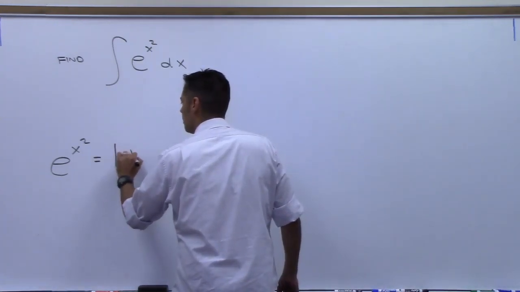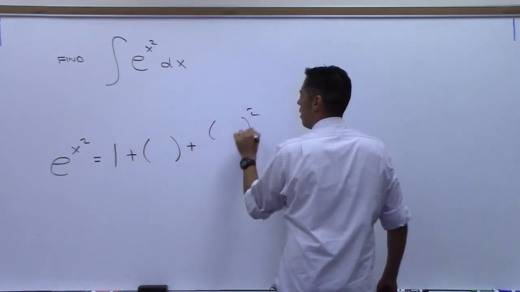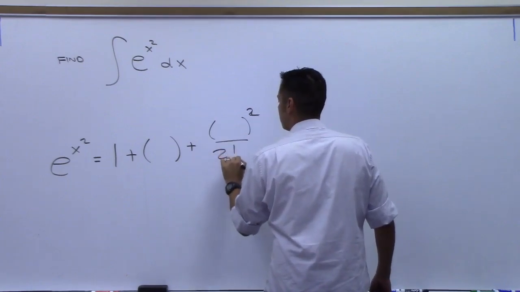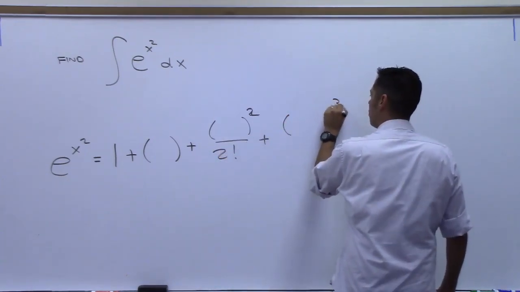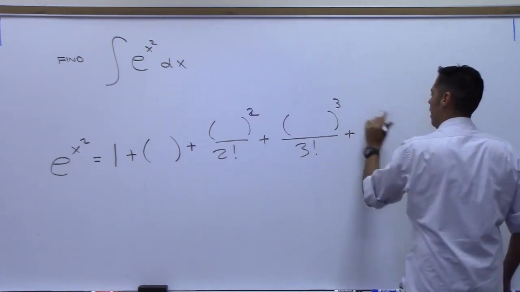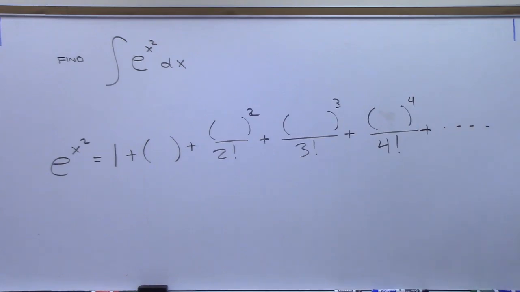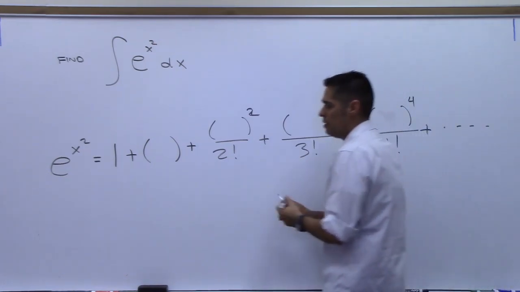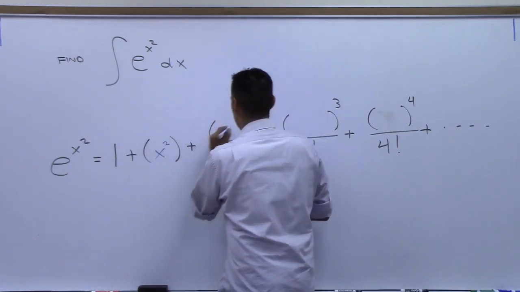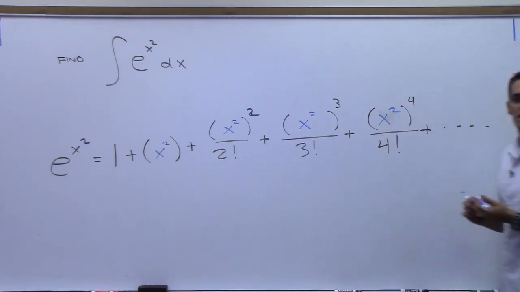It was 1 plus x plus x squared over 2 factorial plus x cubed over 3 factorial plus x to the 4th over 4 factorial. Wasn't this the formula for e to the whatever? So if I just replace all of these things with x squareds, do you see that that's the power series expansion of e to the x squared?